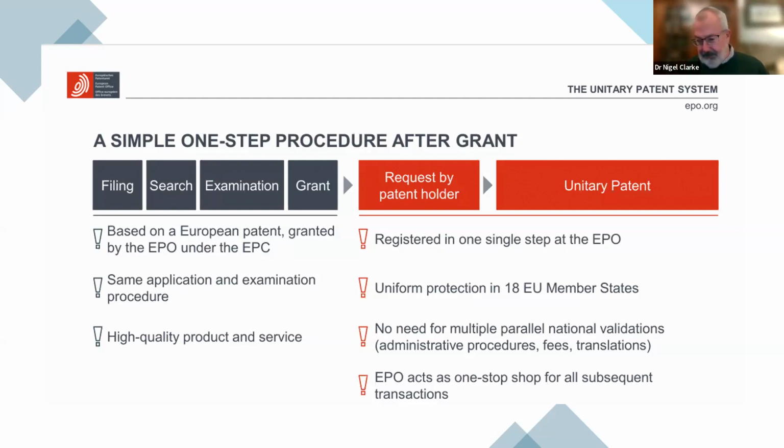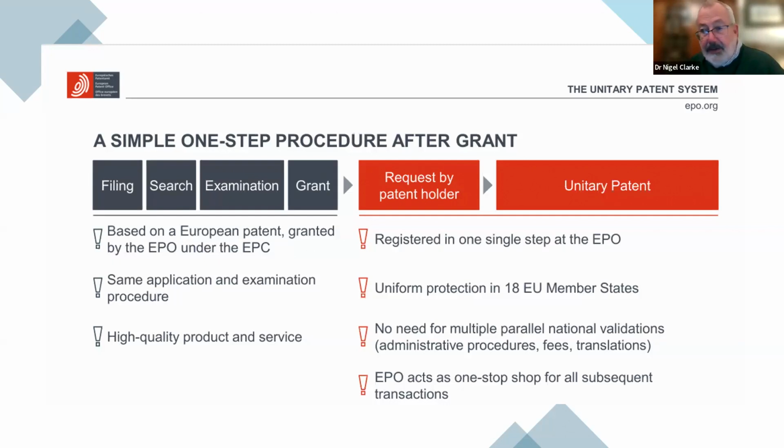But once that European patent has been granted, the patent holder, the patentee, can request unitary patent effect. So this is just a request at the EPO. It can be requested within 1 month after the grant. It can offer uniform, simultaneous protection, currently in 18 EU member states.